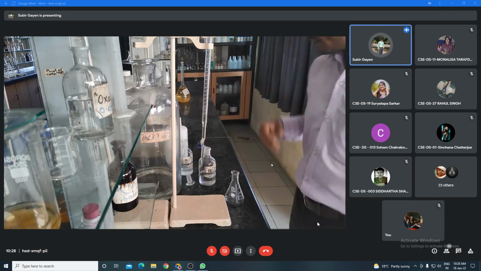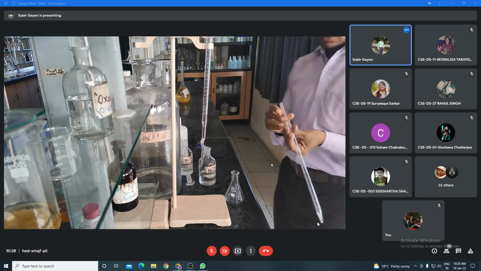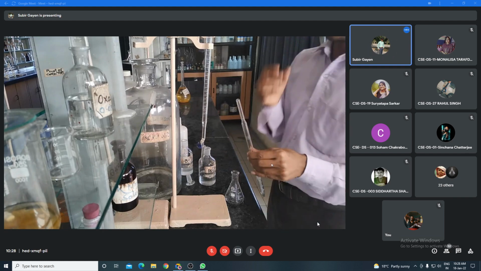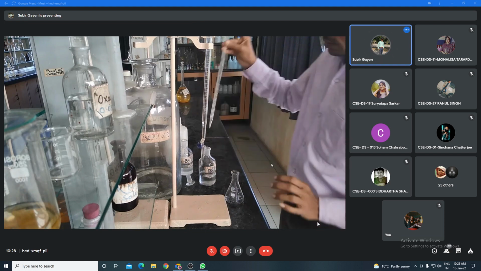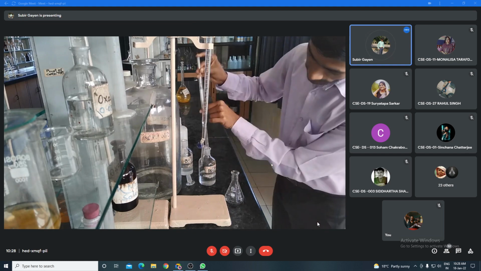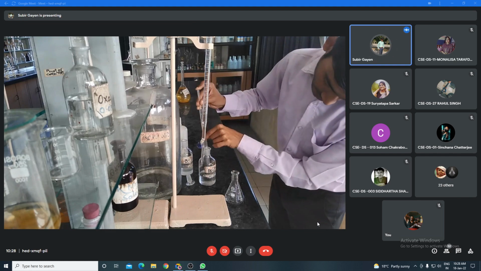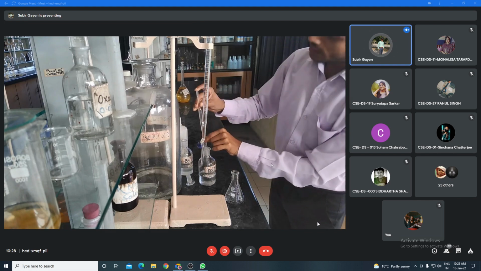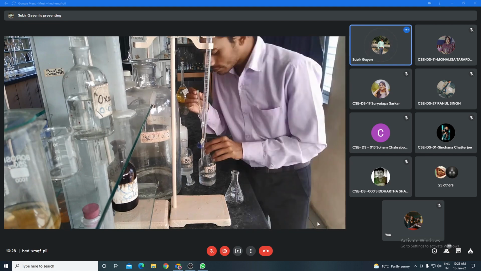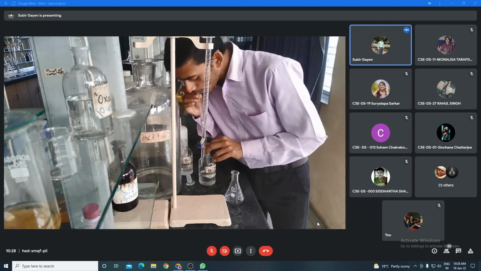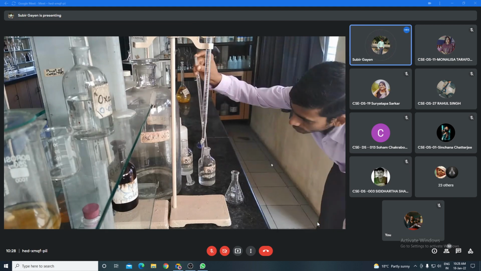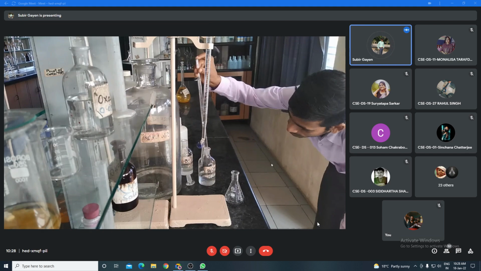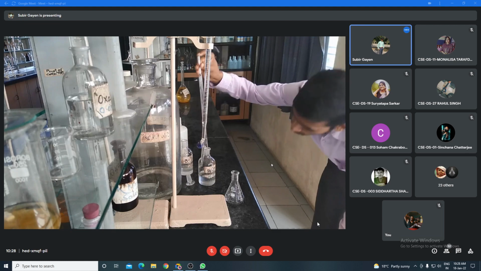So again press the pipette like this. Then lift the pipette up to the lower layer. Again release it slowly. Okay.